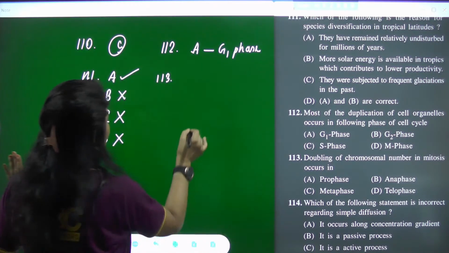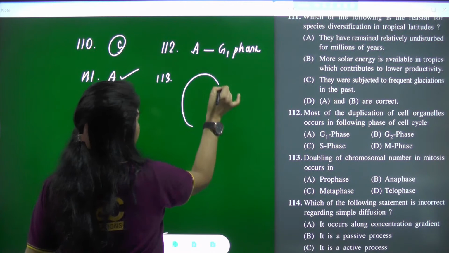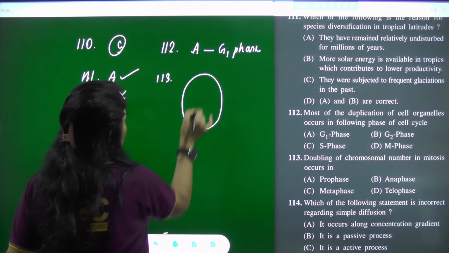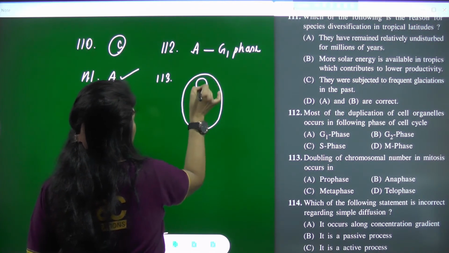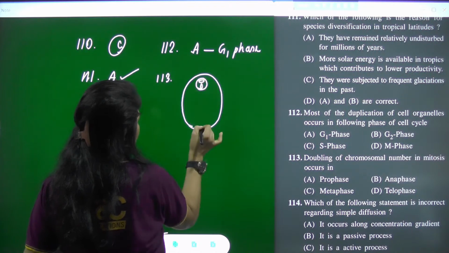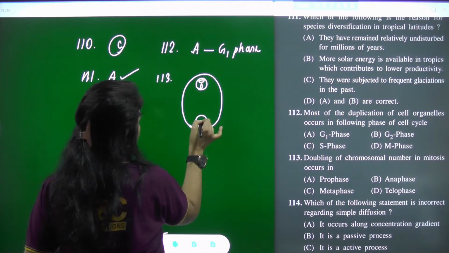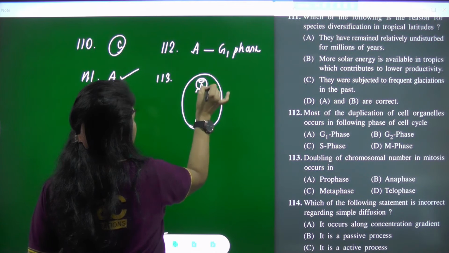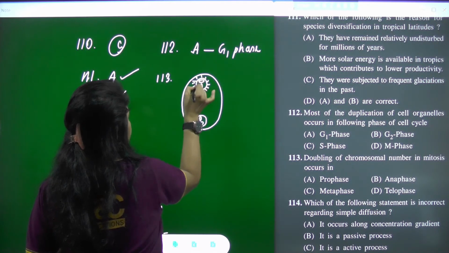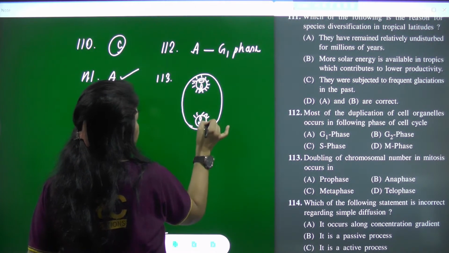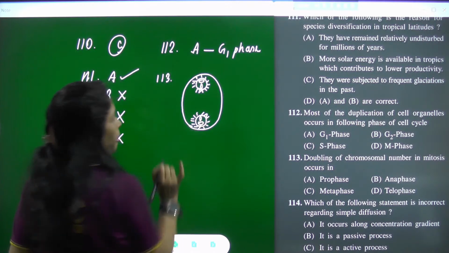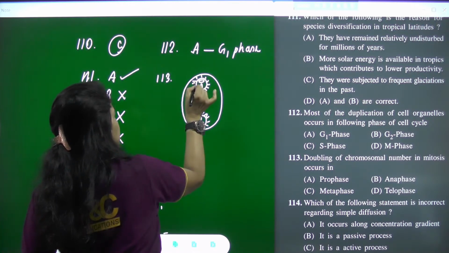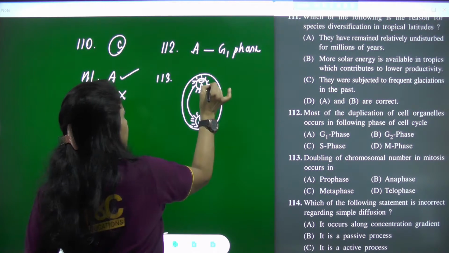Remember, another centrosome forms; aster formation is already done during prophase. In the metaphase, what did you study?